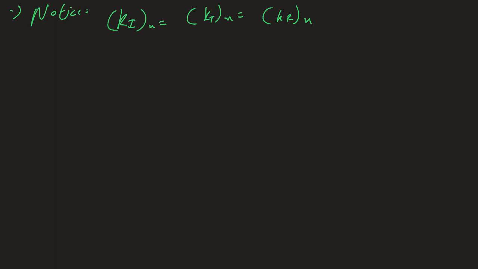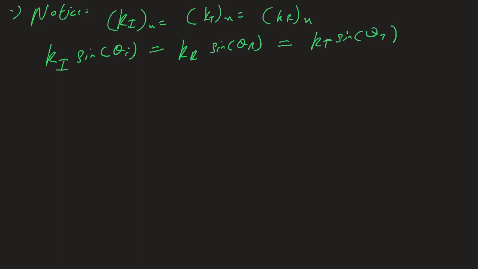So if you go back to the figure on the last page, that basically implies that k sub incident sine of theta i is equal to k_r sine of theta r, which is equal to k_t sine of theta t. Okay?